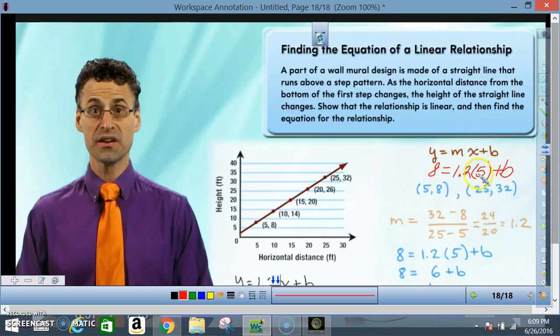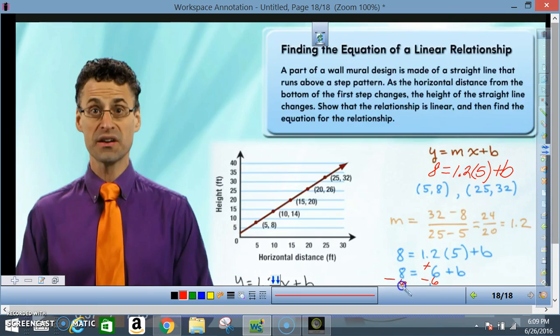All right, now that's how he got that. So after that, the math is kind of simple. 1.2 times 5 comes out to be 6. So now you got the 8, you got the 6, and you got b. So then to find b, all you got to do is get rid of that 6. It's a positive 6, so below it, you're going to put a negative 6.